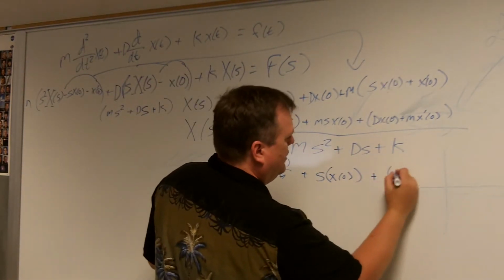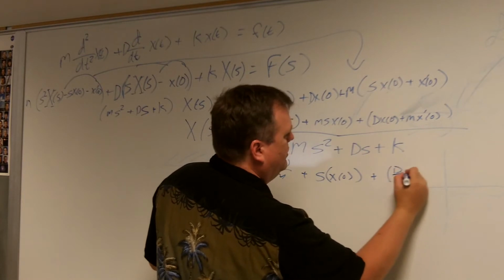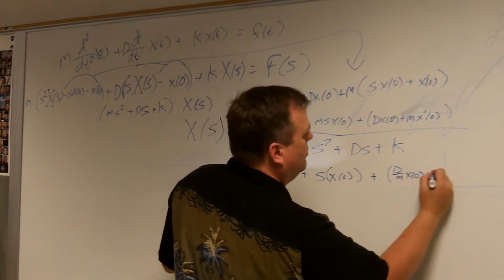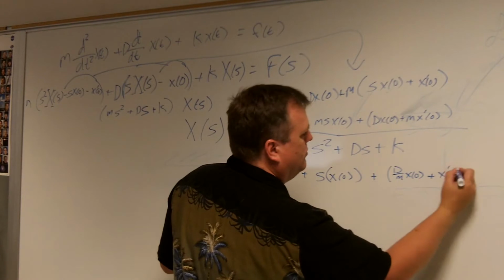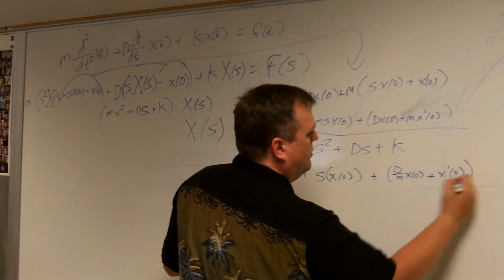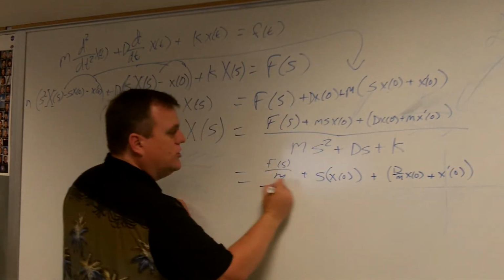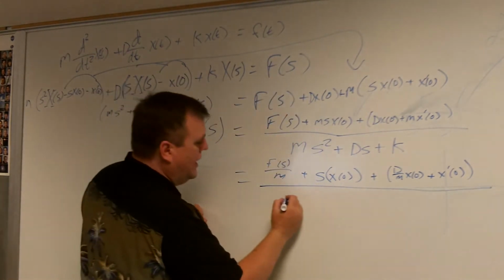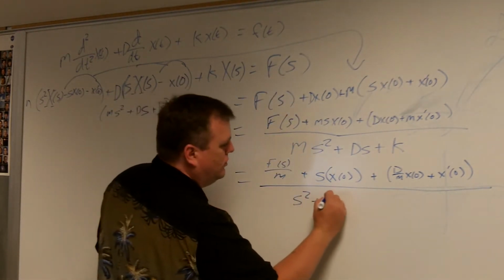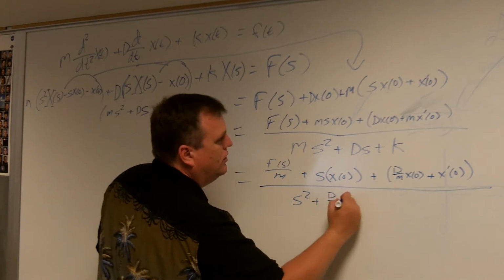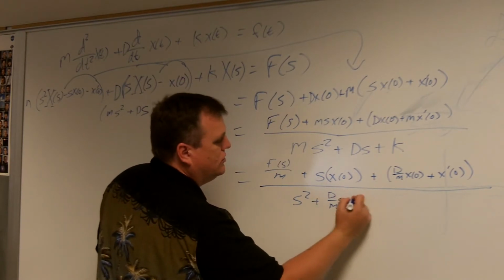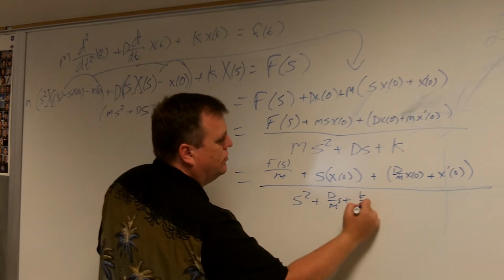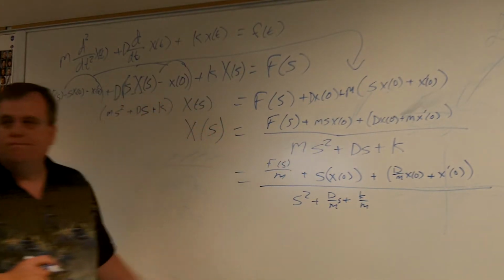Plus d over m x0 plus x prime. That's the top when I divide through by m. And the bottom just becomes s squared plus d over m s plus k over m.